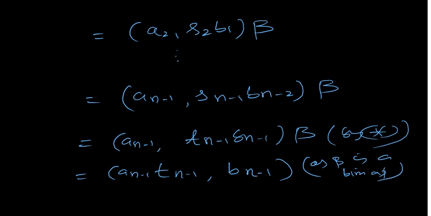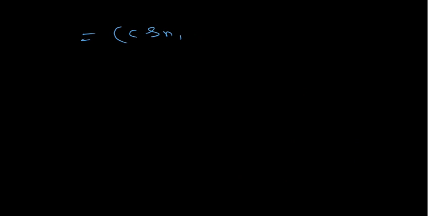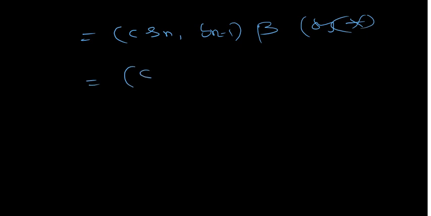This an-1 tn-1 is c sn, it's equal to (c sn, bn-1) of beta by star, and that's equal to (c, sn bn-1) of beta, as beta is a bimap, so this is (c, d) of beta.